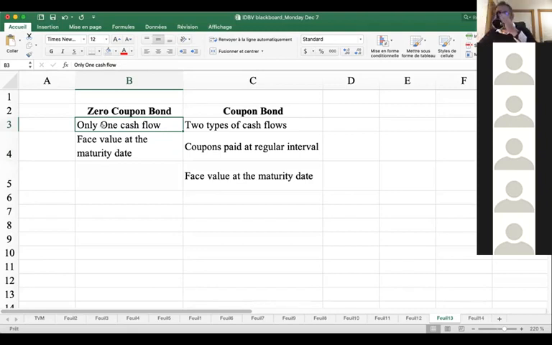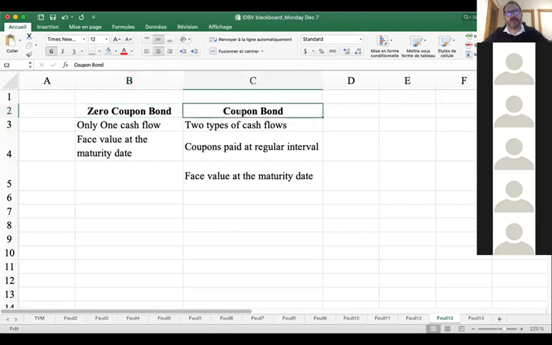This is not always true, because sometimes interest rates are negative, right? But I won't get into the details of this because you will study that later on during the MEBF. So let's say that the normal situation is that you pay a lower price, then you receive a higher amount, the face value. And so the discount rate you use is your yield to maturity, the return on your bond. So that's for the zero coupon bond.